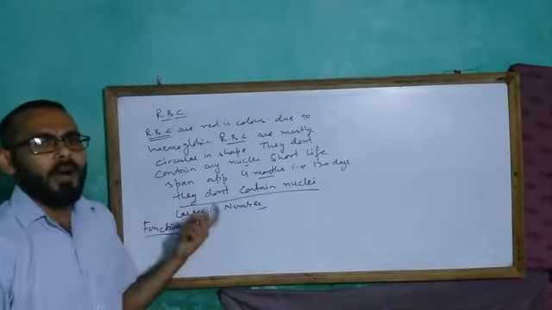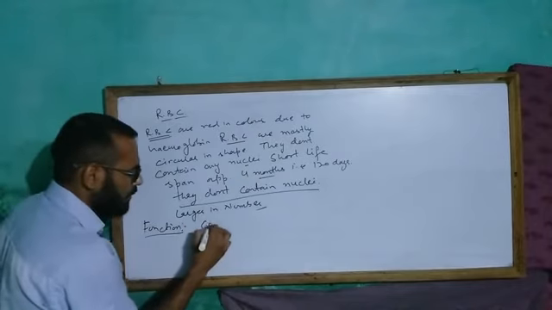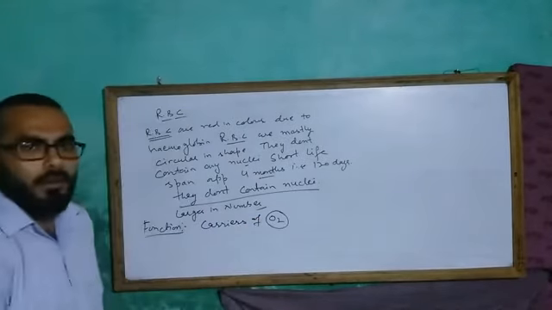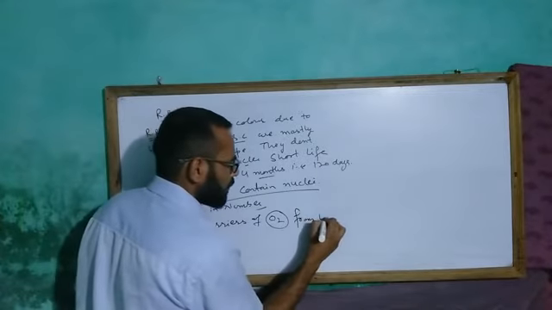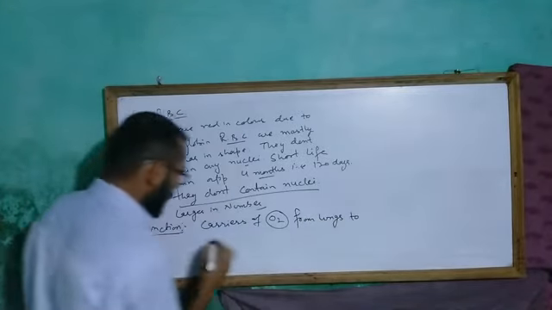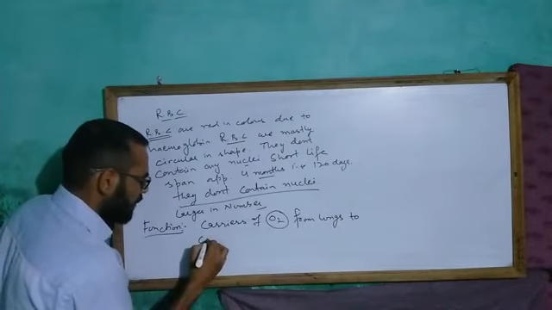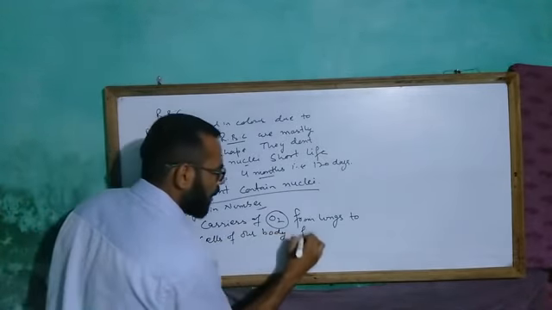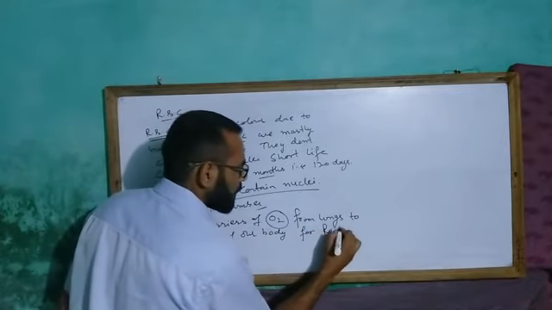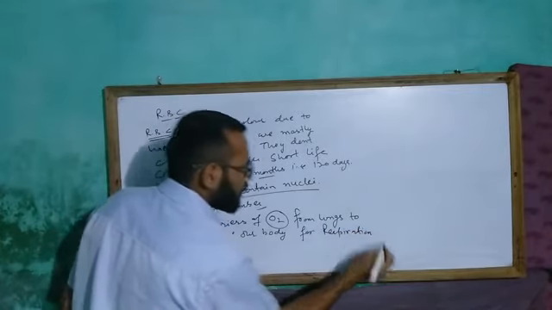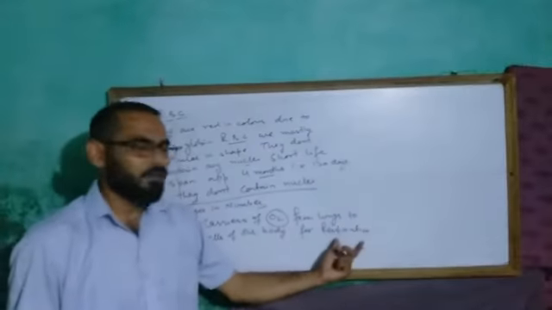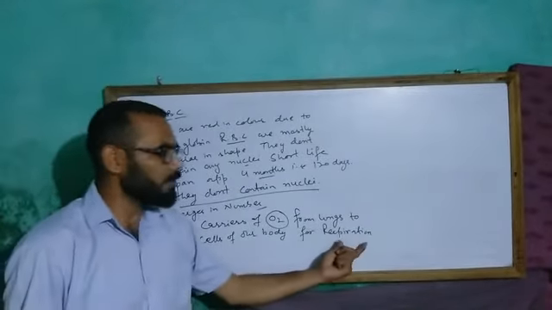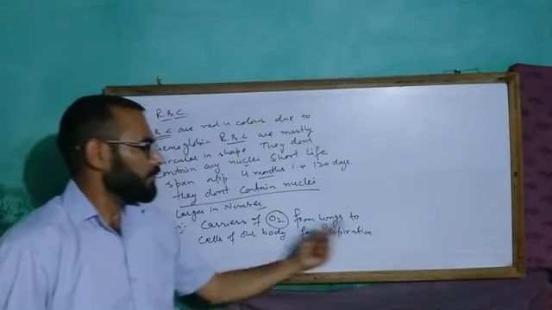The main function of RBC is that these are the carriers of oxygen from lungs to cells of our body for respiration. You know what is respiration? Respiration means the oxidation of food to get energy. Later we will discuss in respiration.